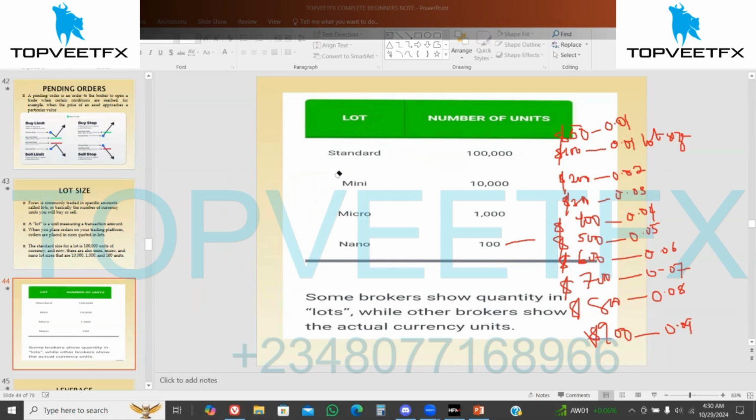On your $100 account, you are not supposed to trade more than only one pair with just a 0.01 lot size on it.